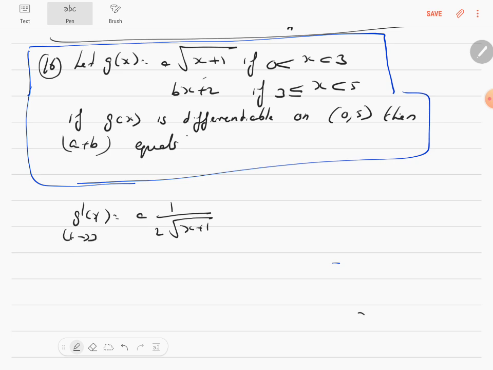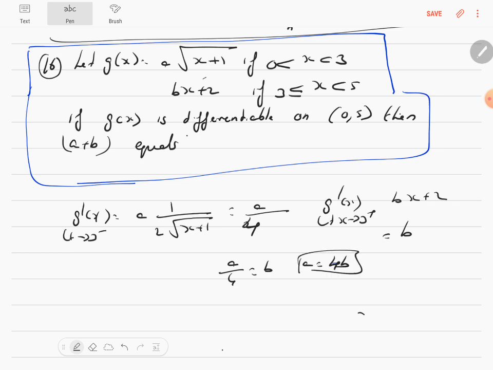Then you can directly substitute and you get a by 2 into root of 3 plus 1, which is root 4, which is a by 4. And let's do the right hand limit, as x tends to 3 from the right. It's bx plus 2, and differentiating this you'll get b. So a by 4 is equal to b, a is equal to 4b.